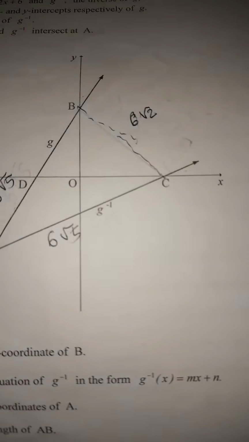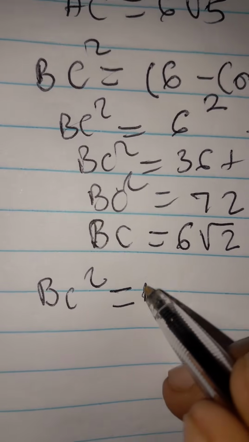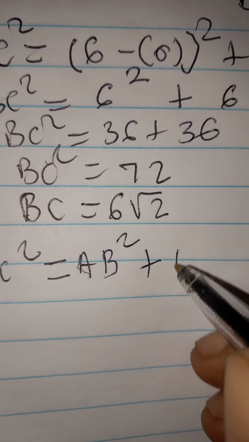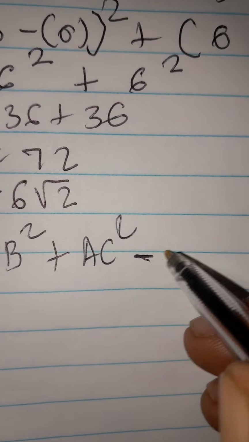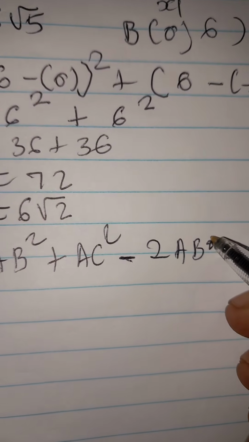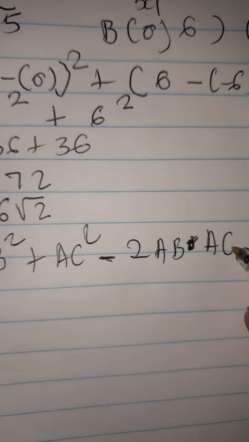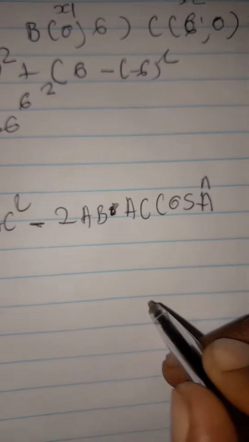So to use the cosine rule, we are going to say BC squared, which is this side, the side opposite A. So BC squared will be AB squared plus AC squared. This is the cosine rule. Minus 2 times AB multiplied by AC cos A, which is the included angle, right?